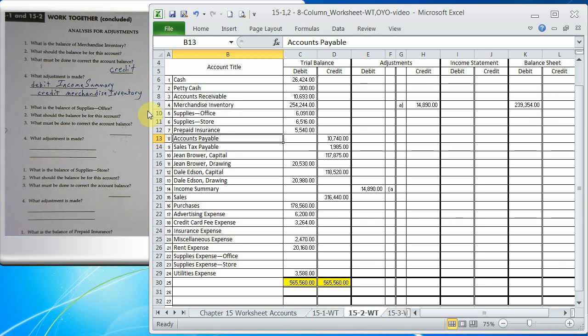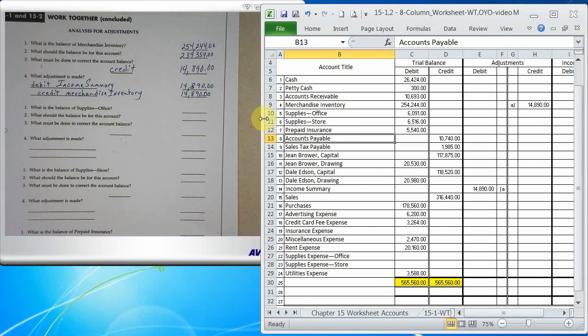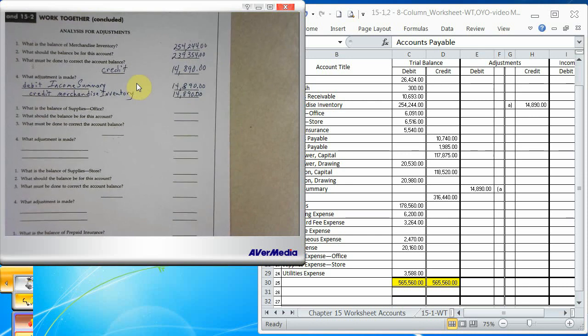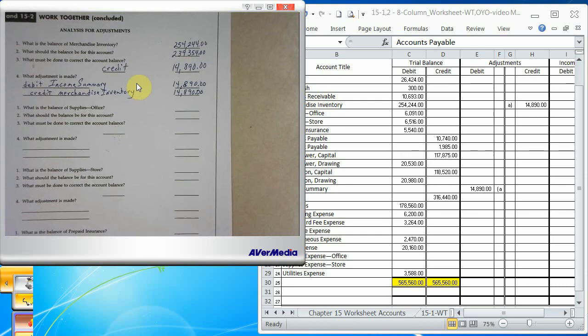We had to figure out what the difference was, and that's where this little worksheet comes together. Since it went from a higher debit to a lower debit, we have to credit it in order to get our account to go down. So we do a credit of merchandise inventory and a debit of income summary, since merchandise inventory does not have a directly related expense account.